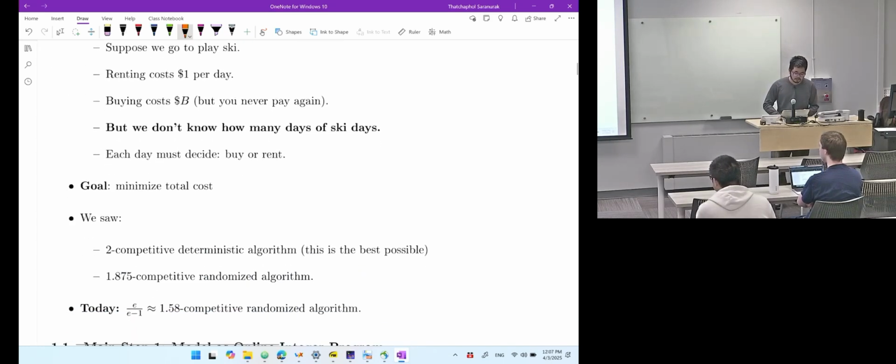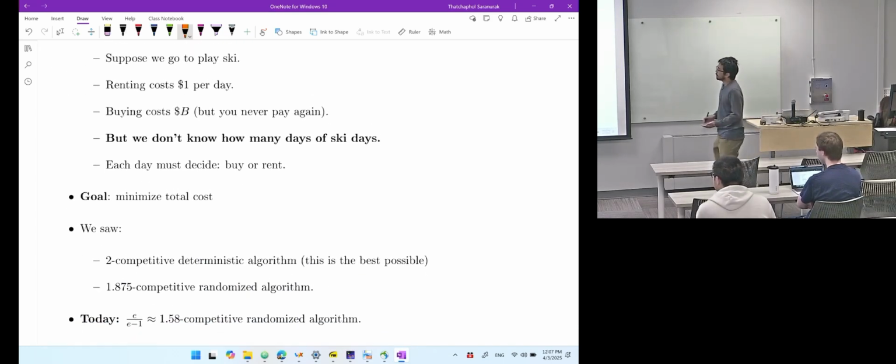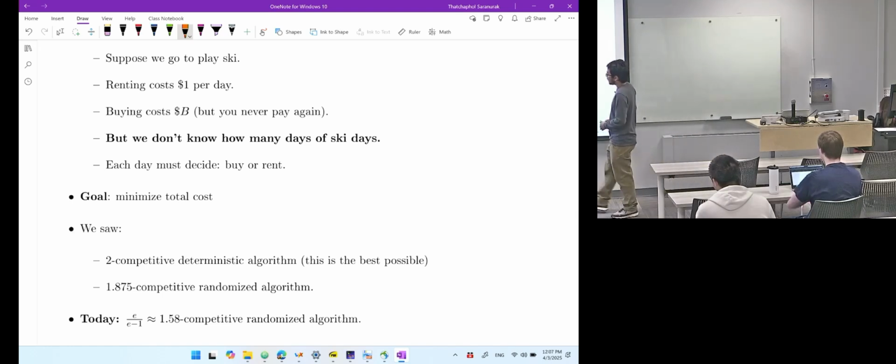And we have seen two algorithms from last class. A deterministic one that is 2-competitive. Can you recall what's the algorithm for the 2-competitive one? Yeah. You rent for B days and then buy. Exactly. Rent for B days and then buy.